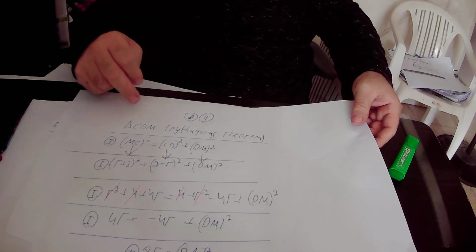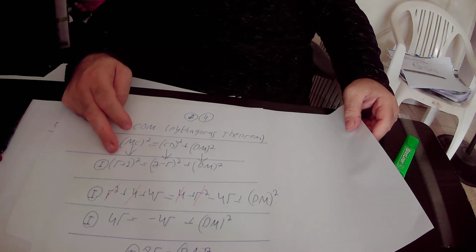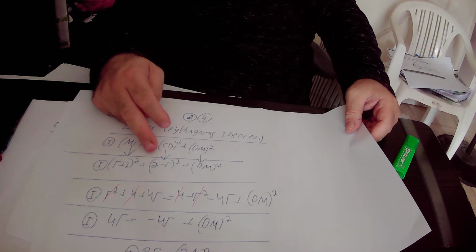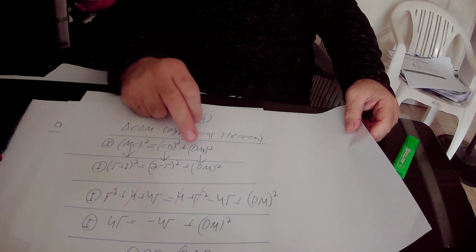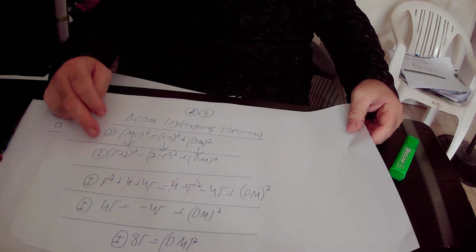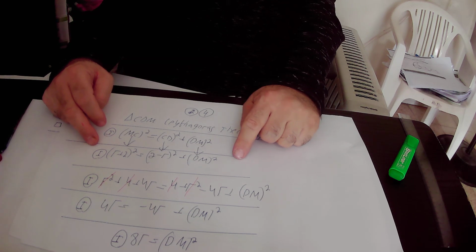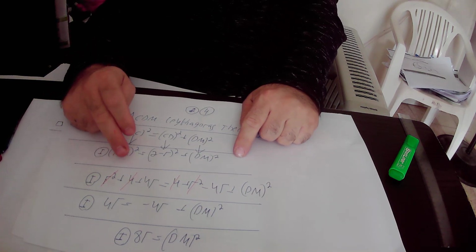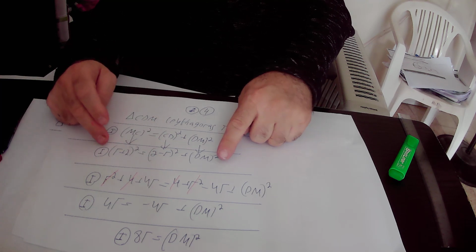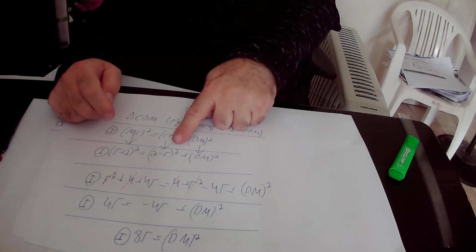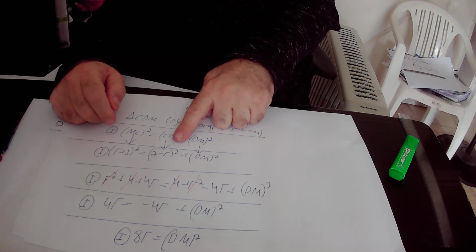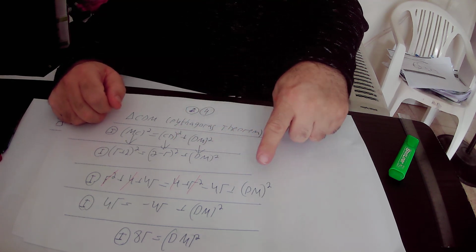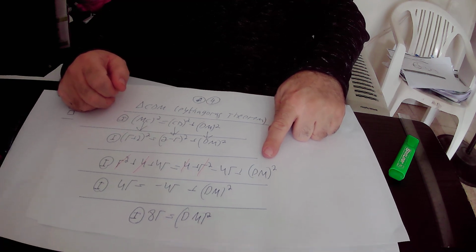So MC square is R plus 2 square, and CD equals 2 minus R, so CD square is 2 minus R square, plus MD square. So we open the brackets in equation number 1, and we got that R plus 2 square equals R square plus 4R plus 4, and it equals, here we open the brackets of 2 minus R square, 4 plus R square minus 4R plus MD square.